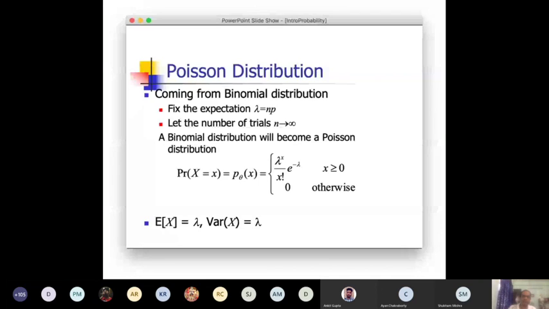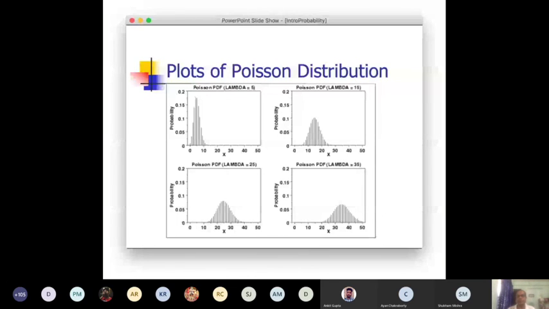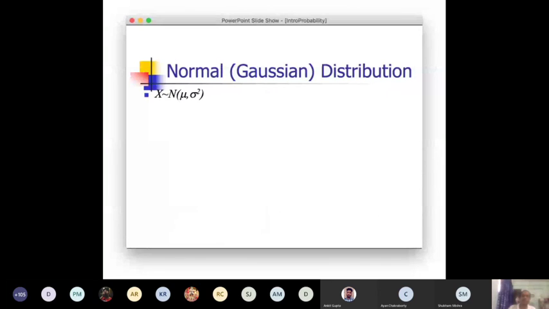So that is one interesting fact about Poisson distribution: its expectation and variance are the same value. If you look at the Poisson distribution, it also looks like this, and once again it has that nature of normal distributions.